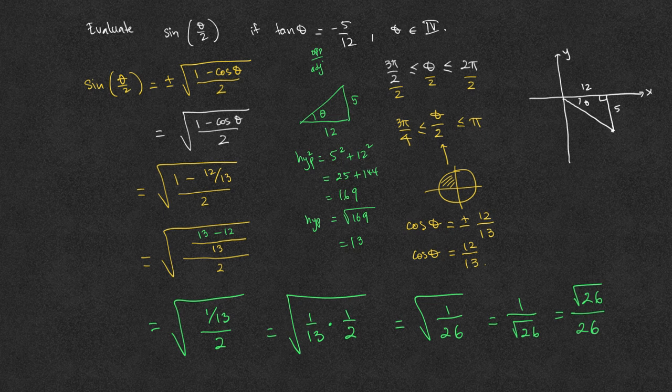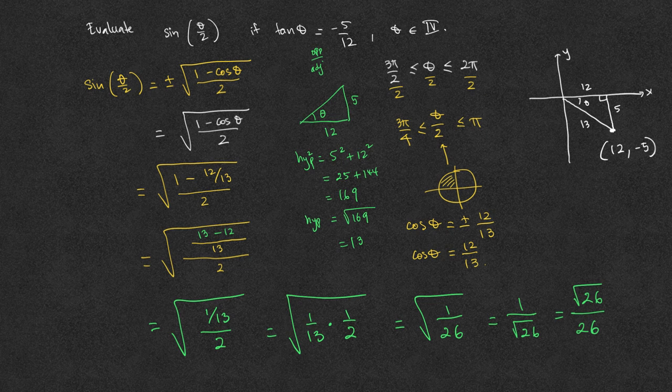The x-coordinate at these endpoints is 12 and the y-coordinate is negative 5. This is because this point is in the fourth quadrant, where x is positive and y is negative. The hypotenuse is always positive.